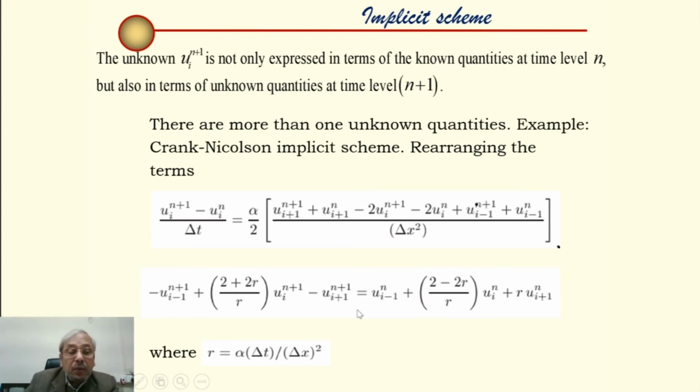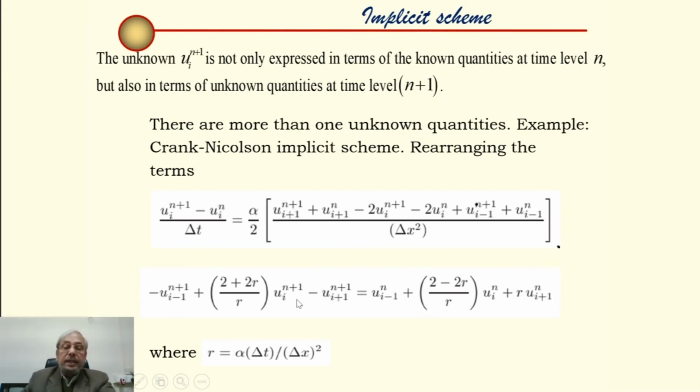And these are unknown. That means u_(i-1)^(n+1), then (2 plus 2r) by r, where r is a quantity given by alpha delta t by delta x squared. So (2 plus 2r) by r, u_i at n plus 1th level, minus u_(i+1) at n plus 1th level. So these are the quantities, all at n plus 1th level, and the quantities at nth level are moved to the right hand side.